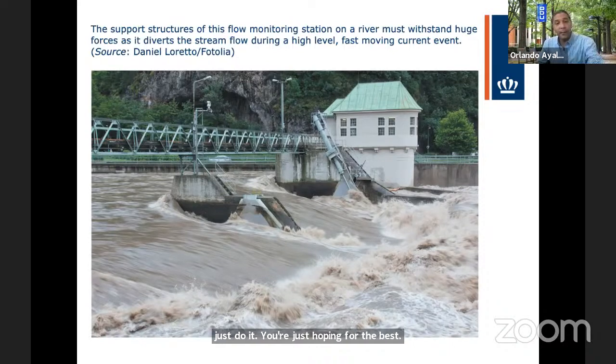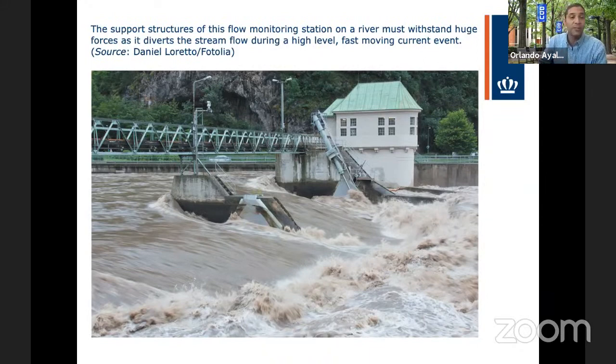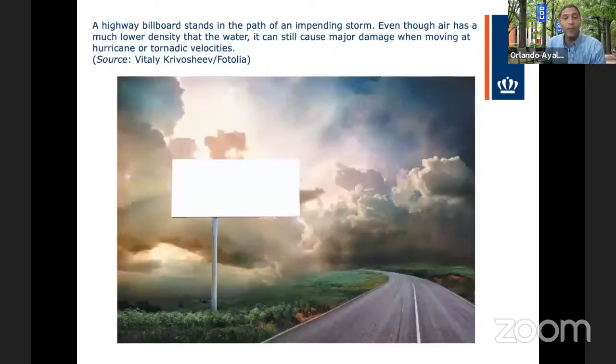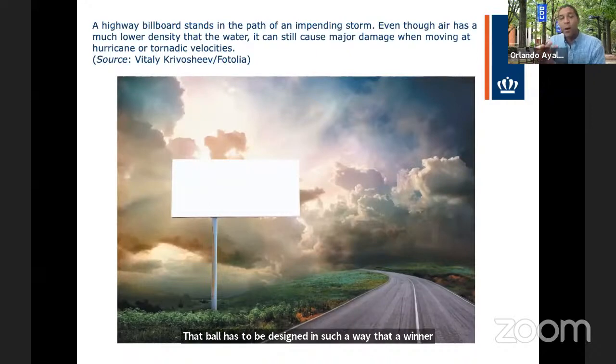In any case, I need to know the values of the forces that flooding or a river could cause, so I need to learn the tools to measure them and give that information to my civil engineer friends. Same thing for billboards. You see the pole right here? That pole has to be designed so that when wind blows into this billboard, the pole doesn't flex or fall down.